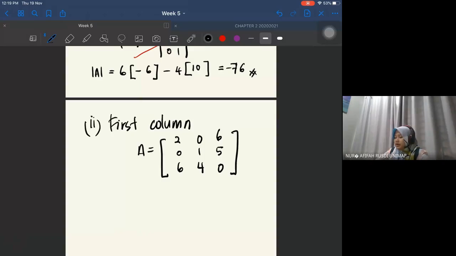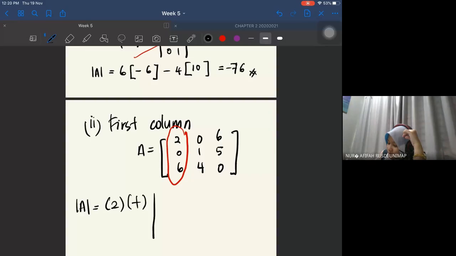Okay, so how to find the determinant of this matrix by using the first column. So you are using this column. The determinant of A is equals to, so the first value is 2 and the symbol is plus. So you will have 1, 5, 4, 0.